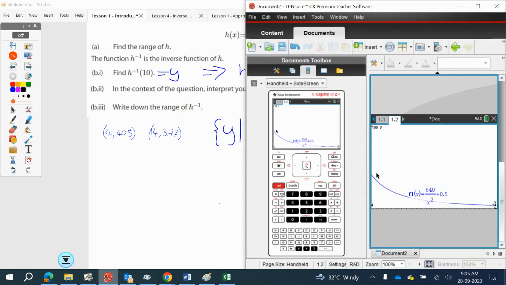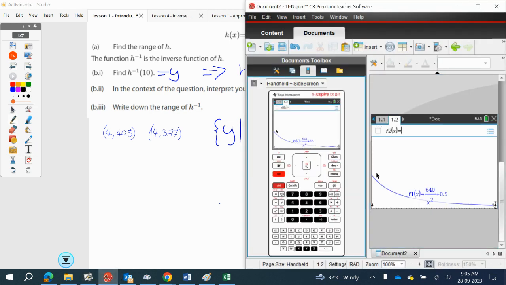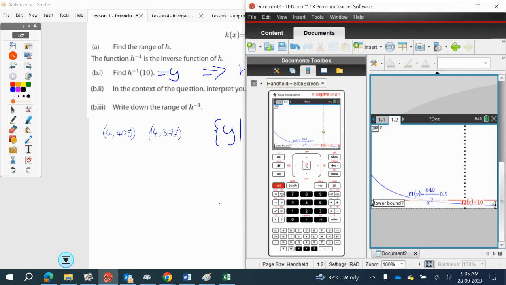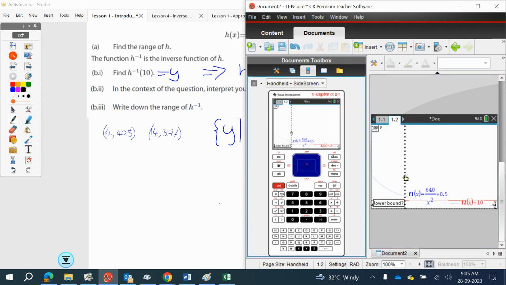So we'll just quickly do that on the graph. Here we will say y equals 10. Here's the line. Where do they cross? Let's analyze the graph and find the intersection. So 8.21. How do you do that, sir? Just go on the graph menu.